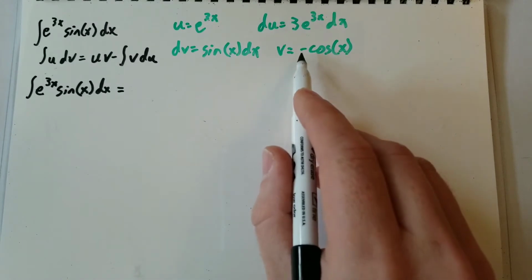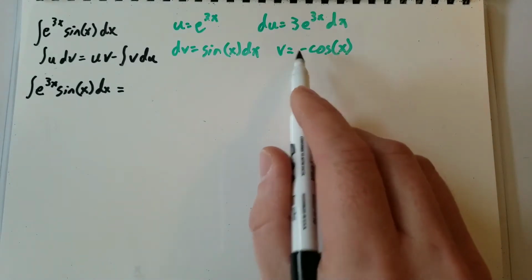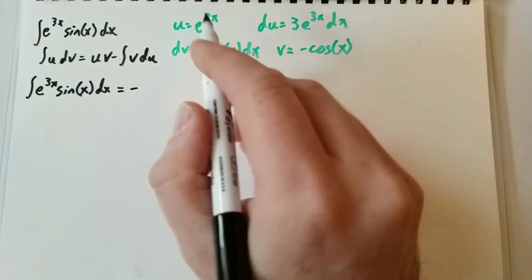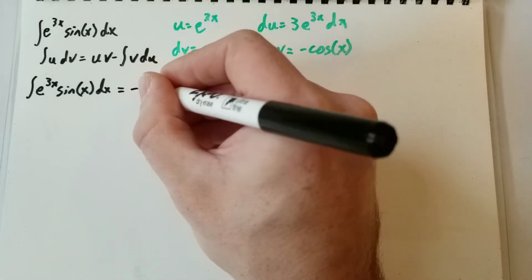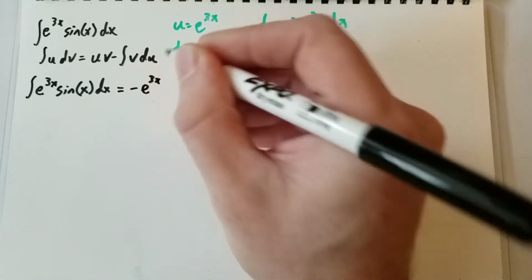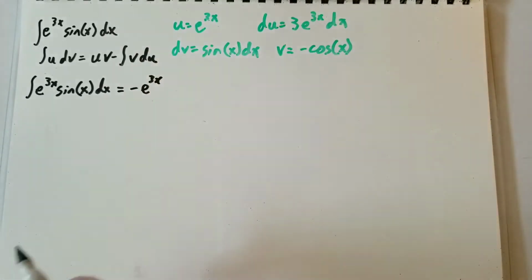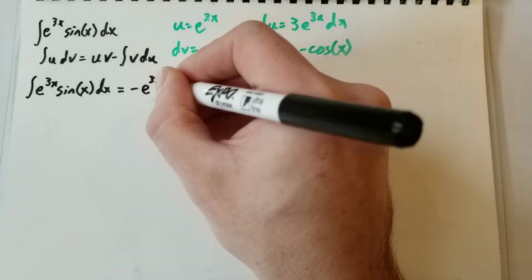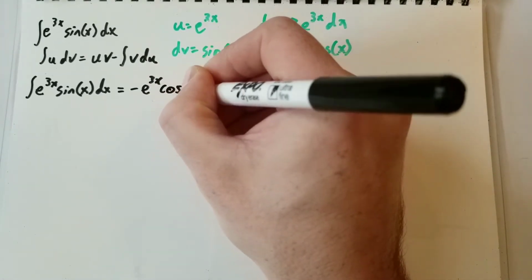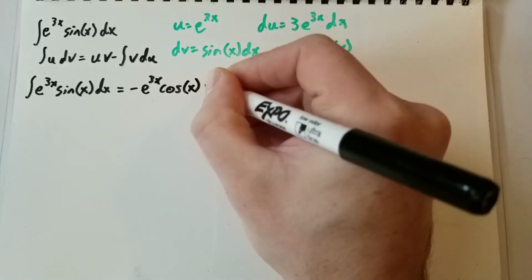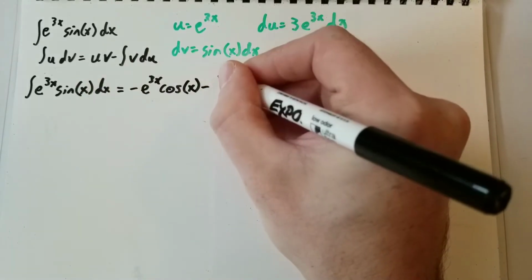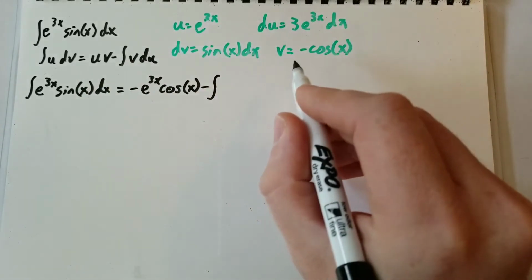So I'm going to take this negative sign and put it out front. Our u is e to the 3x times cosine x, minus the integral of v du.